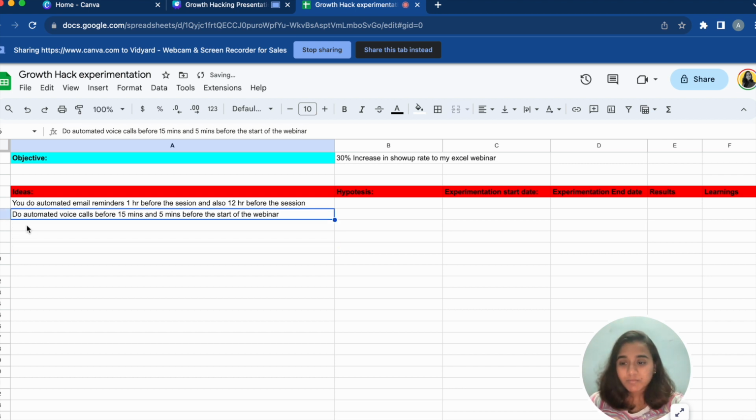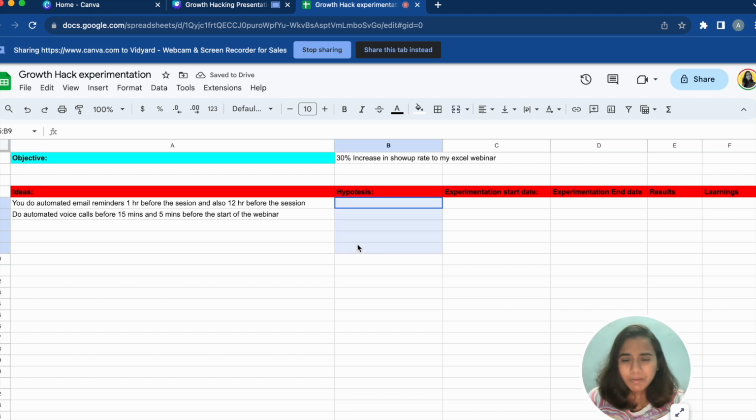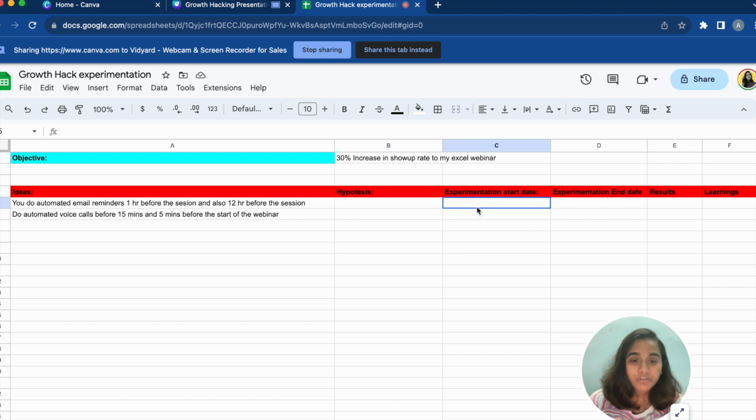So like that, you come up with idea 3, idea 4, idea 5, and then you come up with your own hypothesis on whether this will work out, or what you think about the strategy that you want to try, and then you put your start date. Probably if you're starting on 25th August, you end this by 3rd September.